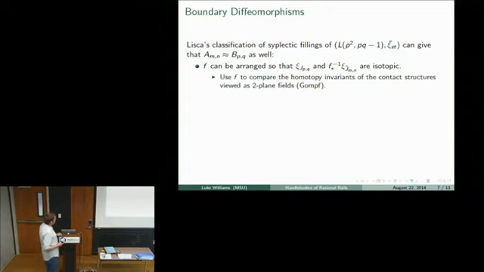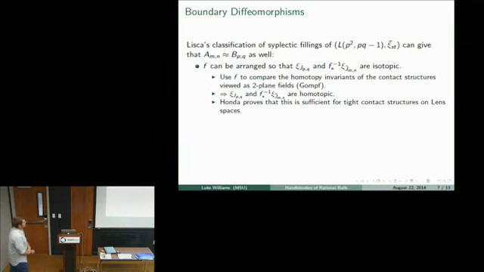And so how would you do that? Well, you use F to compare the homotopy invariants of the contact structures. Bob Gompf has these invariants that classify two-plane fields on three-manifolds. And so all we have to do is compare these things. And it turns out that as defined, these things will actually have the same invariants. And so what we can conclude is that these two contact structures are going to be homotopic.